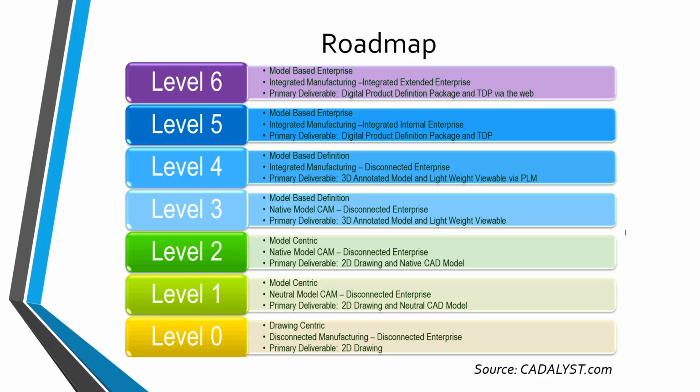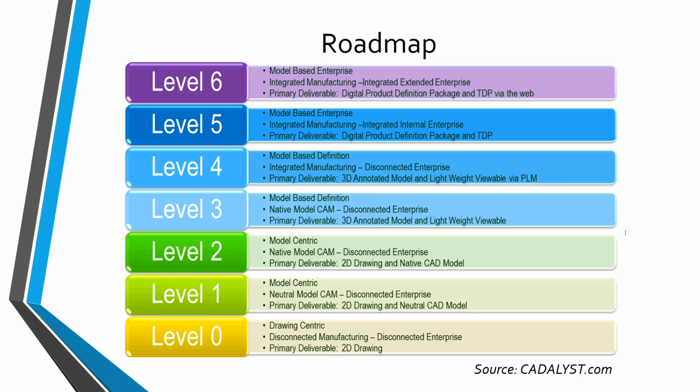But then once you get to level 2 and 3, you're starting to get more model-centric. And then once you get to levels 4, 5, and 6, then you're getting model-based. You are really using those models for your design definition, for your manufacturing, and for your inspection.